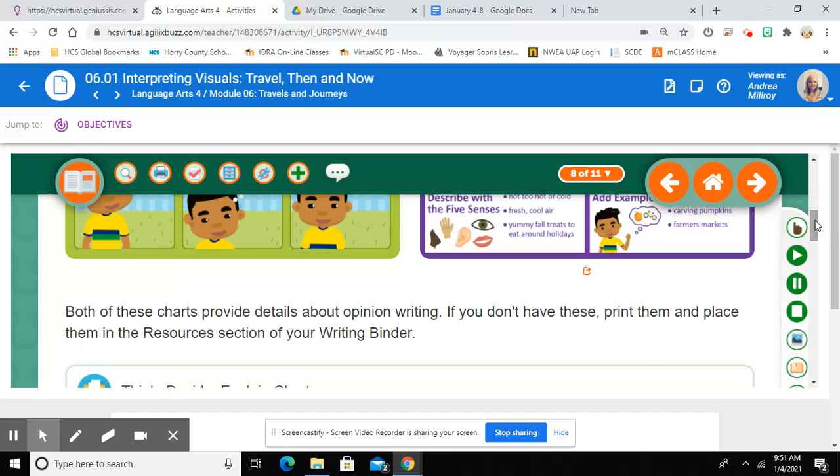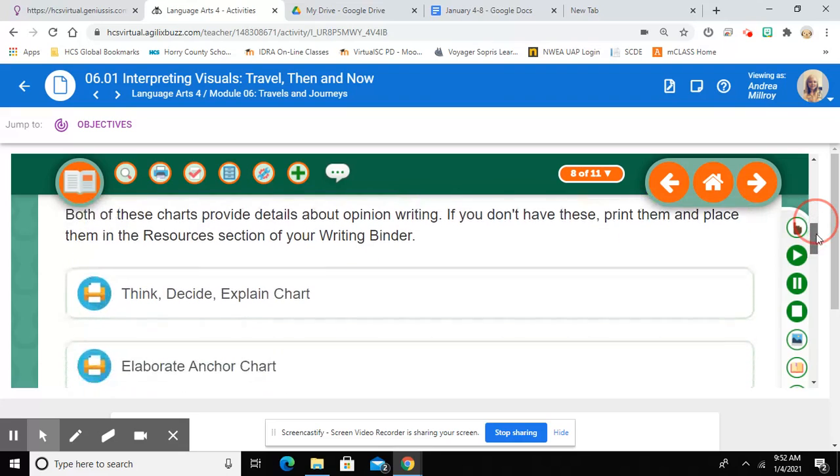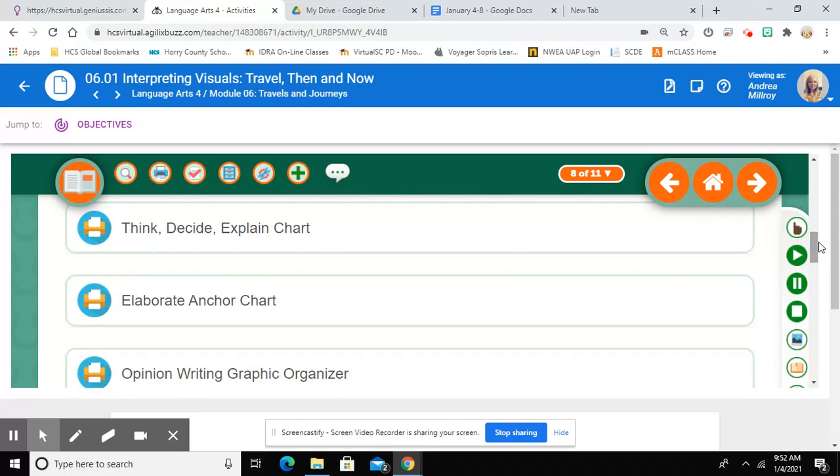So both of these charts provide details about opinion writing. If you don't have these, print them and place them in the resource section of your writing binder. Here we have 3 things you can print out. Think, decide, explain chart.